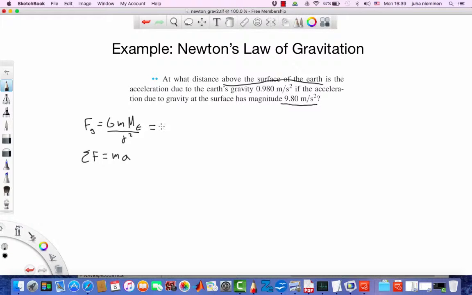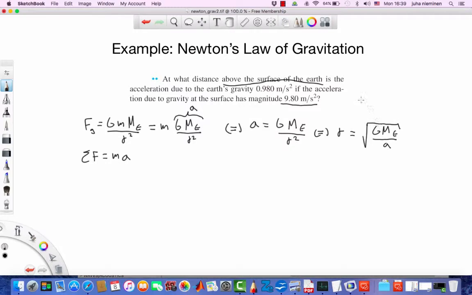So if we reorganize this, m times G M_e divided by r squared, here we have the acceleration due to gravity. And we know that value is 0.98 at the distance that we are trying to find out. So we have a equals G M_e divided by r squared, and from here, r would be the square root of G M_e divided by a.